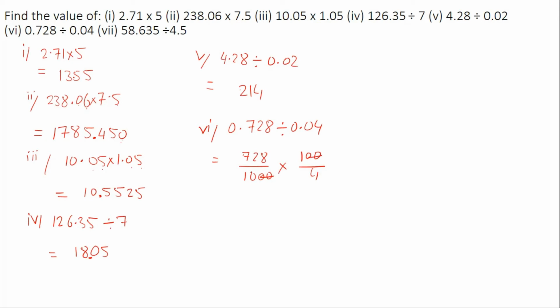That means this 10 is left, so leave this 10 for now. Just divide 728 by 4. When you divide it, you will get the answer 182. Now 10 is left behind at the denominator, so the answer will be 18.2.